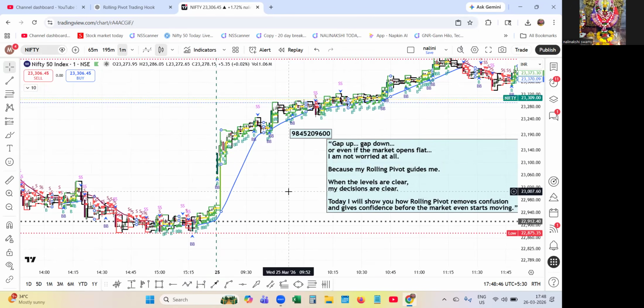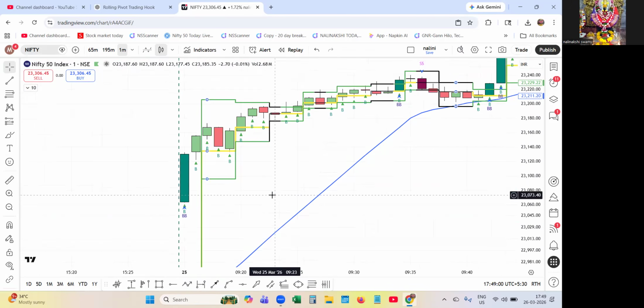When I do that, see, when the market opens, let me zoom in. After 1, 2, 3 minute candles, I am on 1 minute candles, friends.